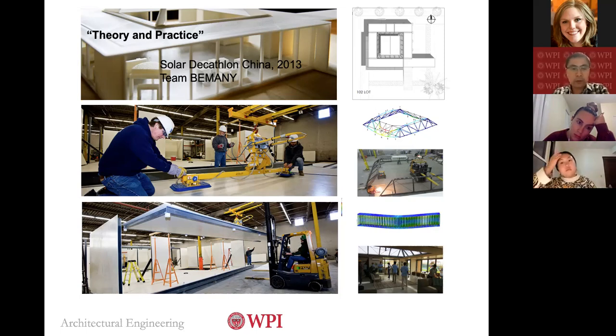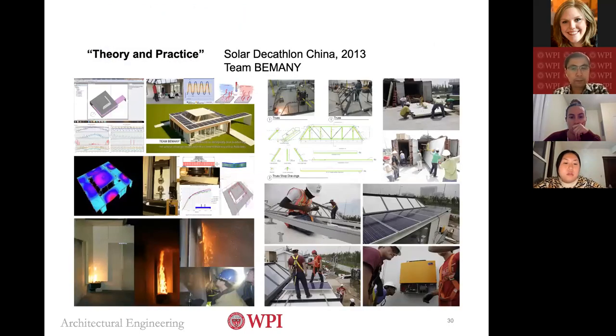So this is a real building. They attended the competition and developed a building in China and also presented to stakeholders in the local city. There are more pictures, and you can see students traveled to China and did some hands-on work in addition to design.